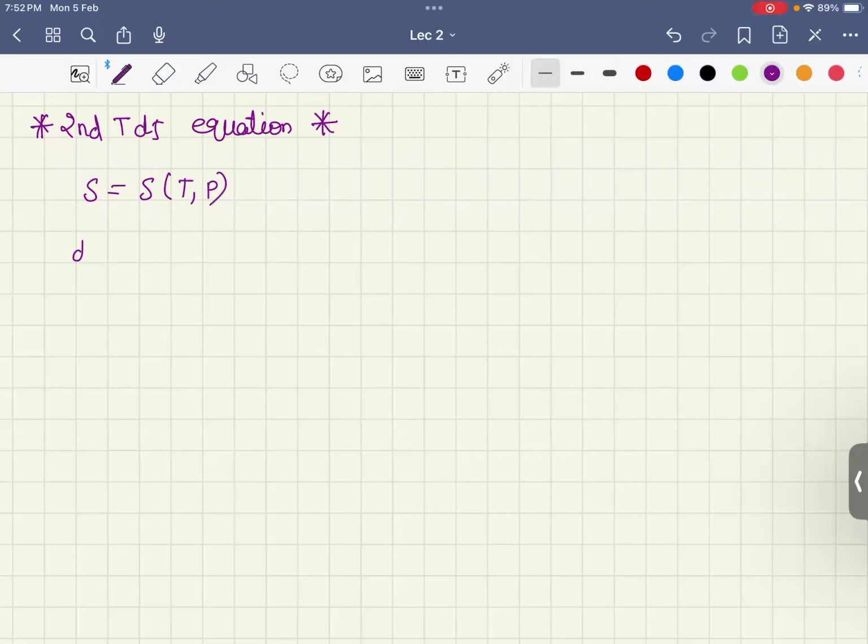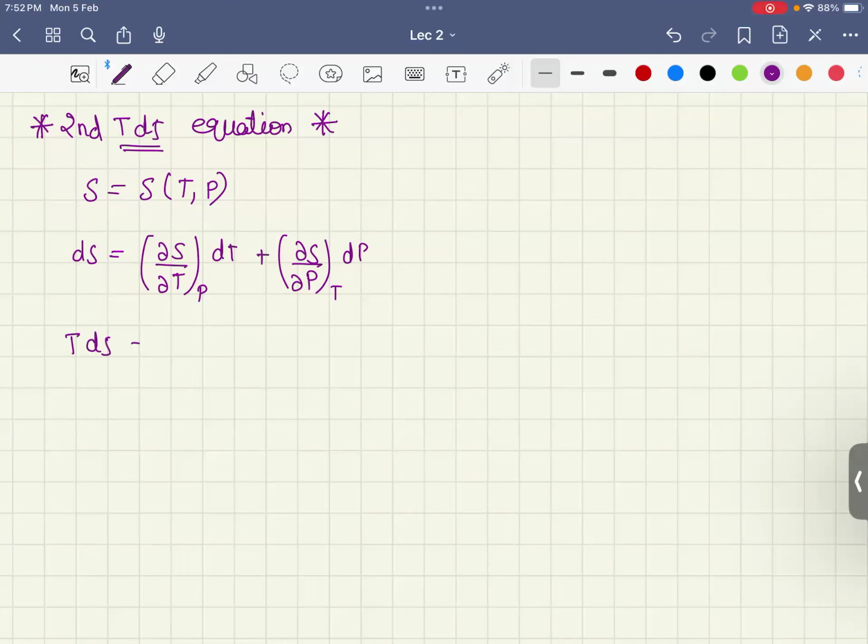dS is equal to, again we do the same thing, dS is equal to dou S dou T at constant P dT plus dou S dou P at constant temperature multiplied by dP. Again, we multiply by T because we want TdS.